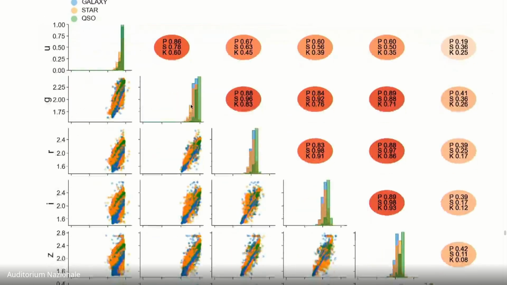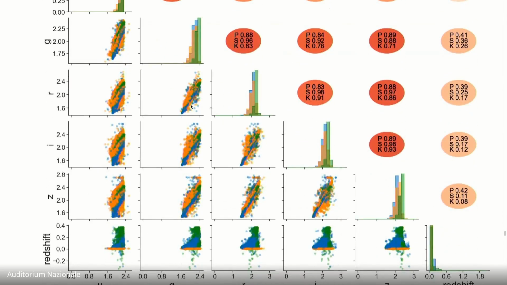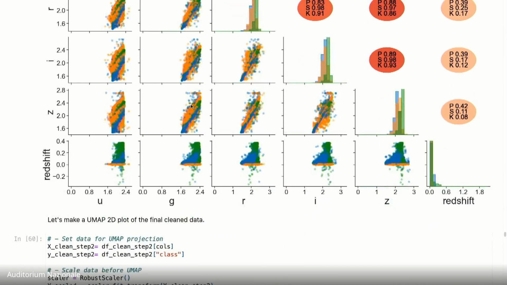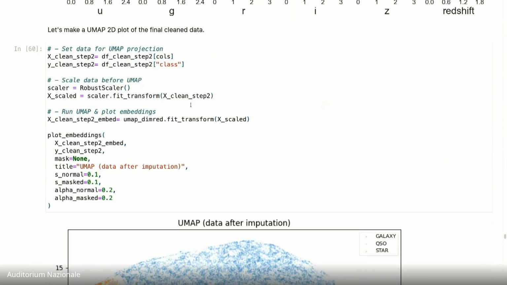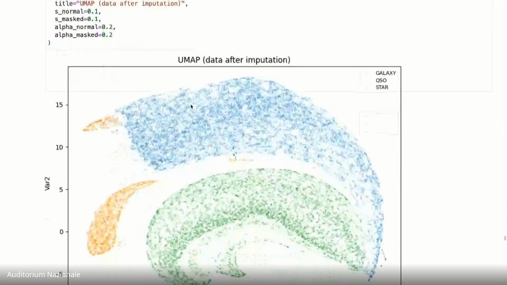We look again at the scatter plots of all the data. This is the complete set having all the variables imputed. Finally, we perform a complete UMAP embedding of the cleaned data. So this is the result.